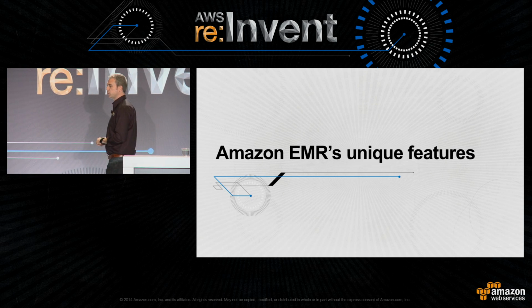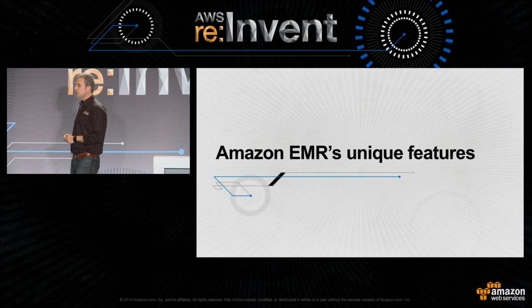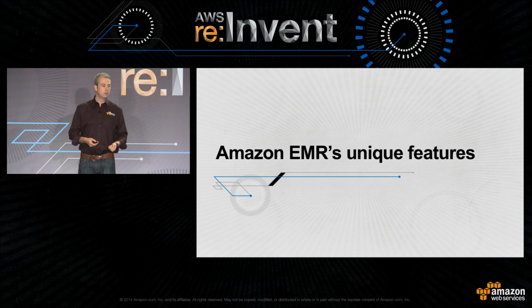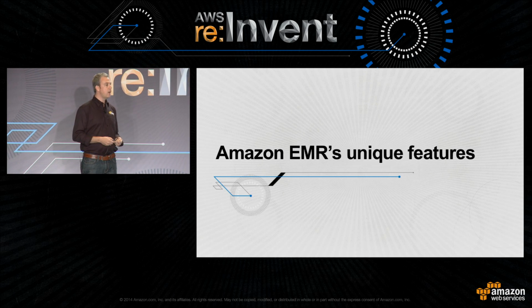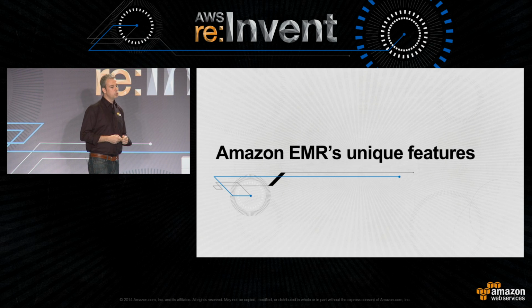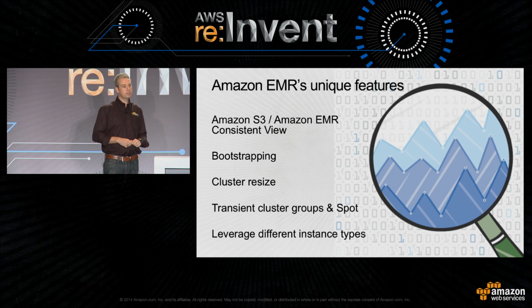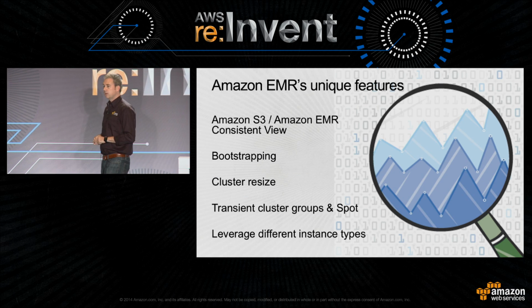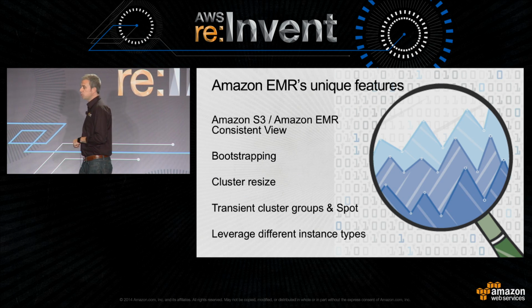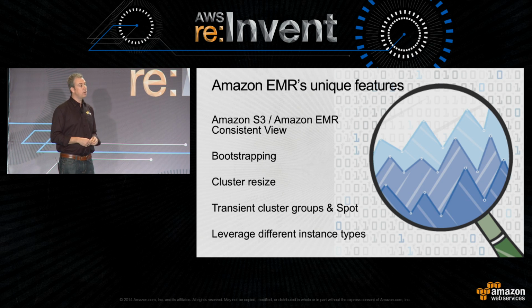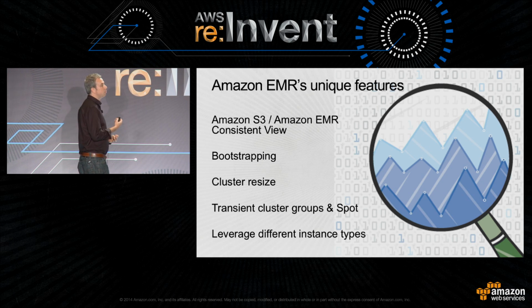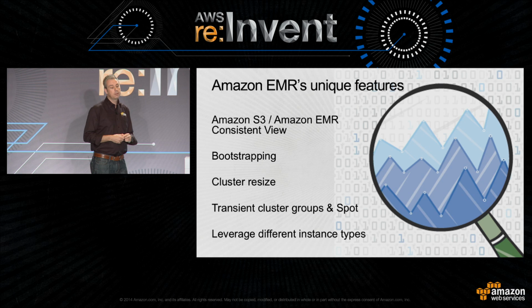Let's talk about what's unique about Elastic MapReduce and things that you can use that will really allow you to differentiate your Hadoop processing. Things like EMR consistent view, taking advantage of sophisticated bootstrapping, or taking advantage of a very unique feature, being able to resize the cluster dynamically.